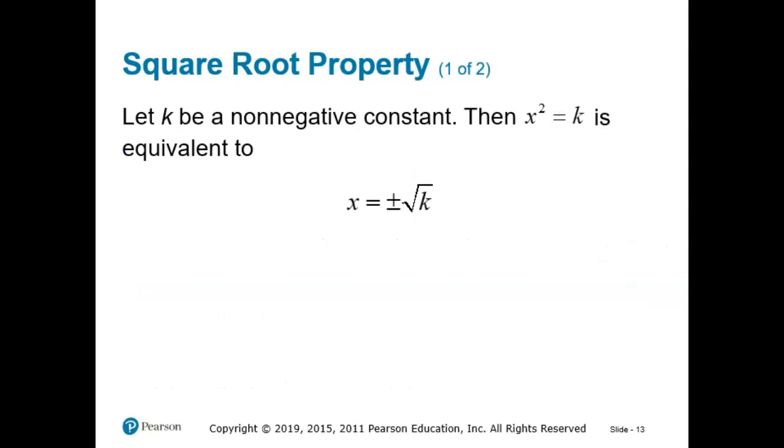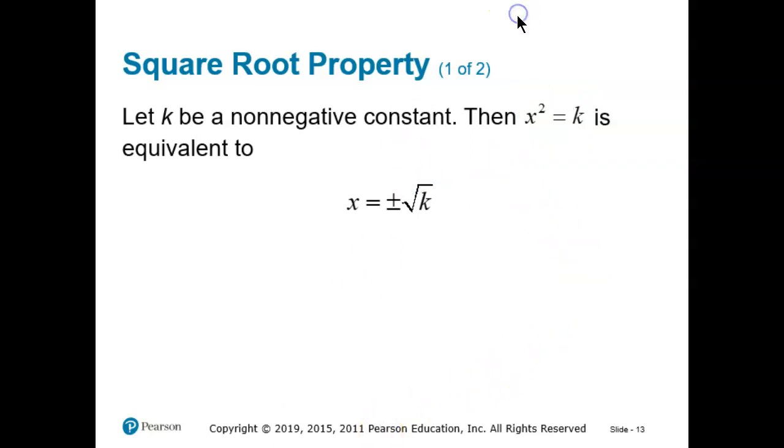Now, let's remember what we've talked about in the past, which is if we're taking the square root of each side and the exponent is even, which will always be the case with a square root because 2 is even, we have to remember that we do plus or minus on the opposite side. So x squared, if we were to take the square root of each side, because x squared is even, we know that we must do plus or negative the square root of k.